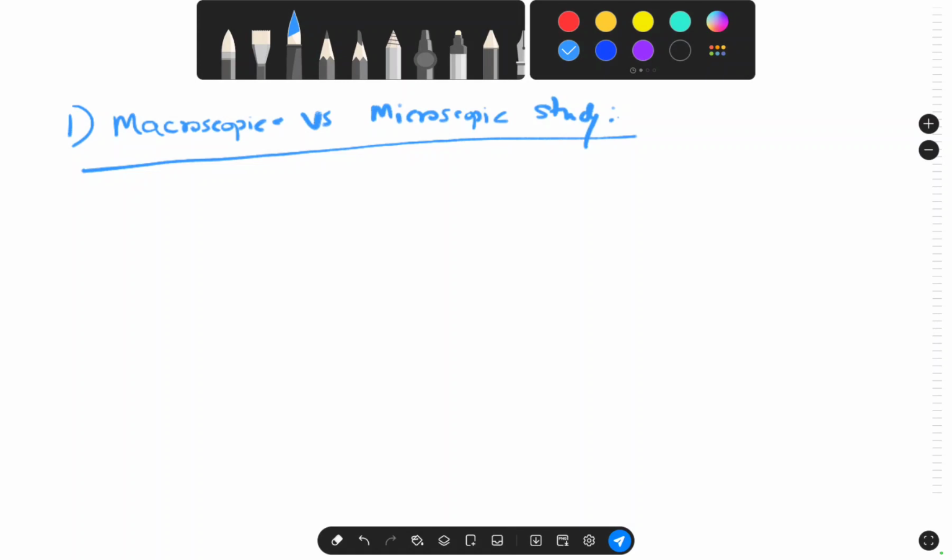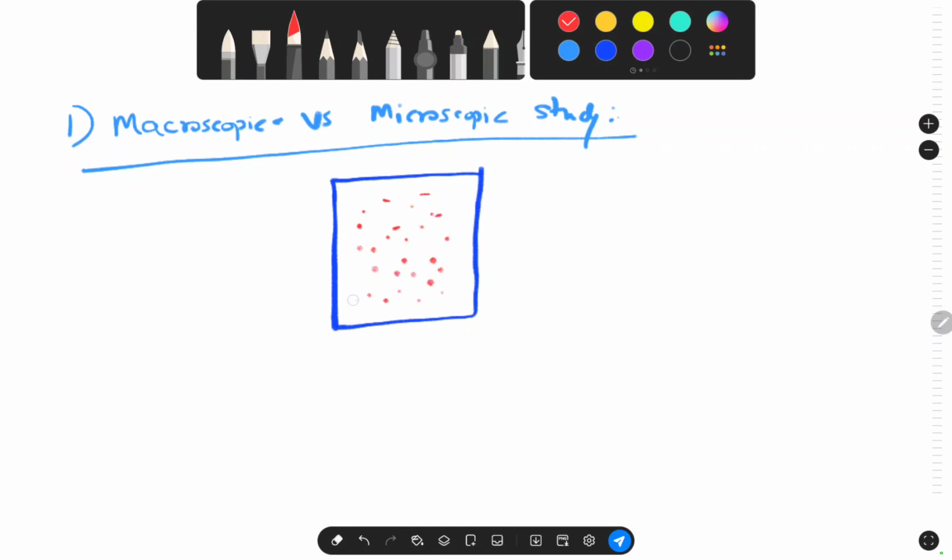So now suppose we consider a container containing some amount of gas. The red dots represent the gas molecules. We attach a pressure gauge and a thermometer to measure the temperature.